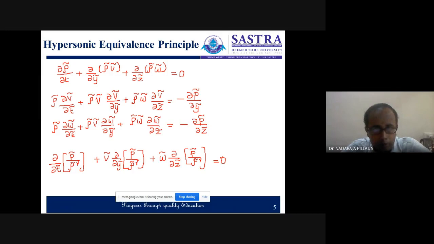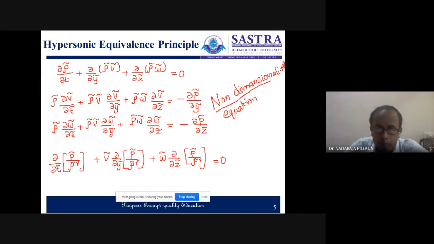So we have a set of equations now. This set of equations is non-dimensionalized. Now, there are two sets of equations.